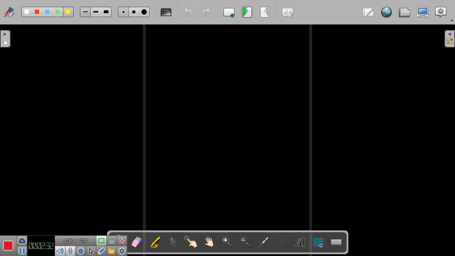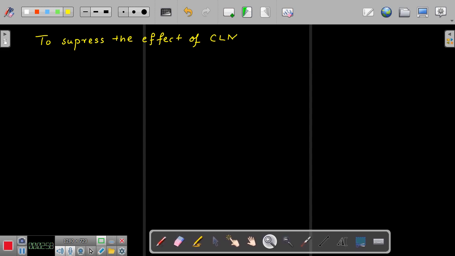Now, to suppress the effect of channel length modulation, I use CLM for channel length modulation, we use the cascode current source, and you can see I draw the diagram once again here.